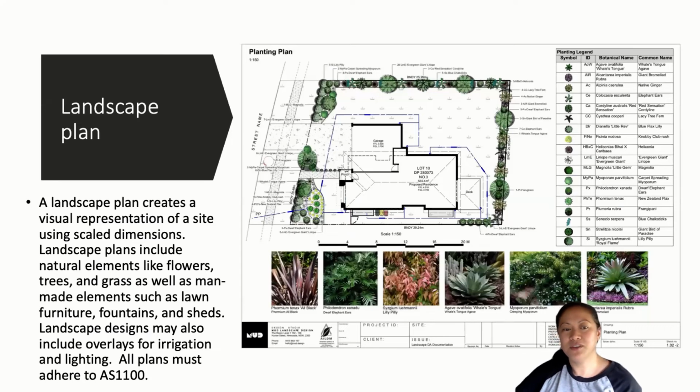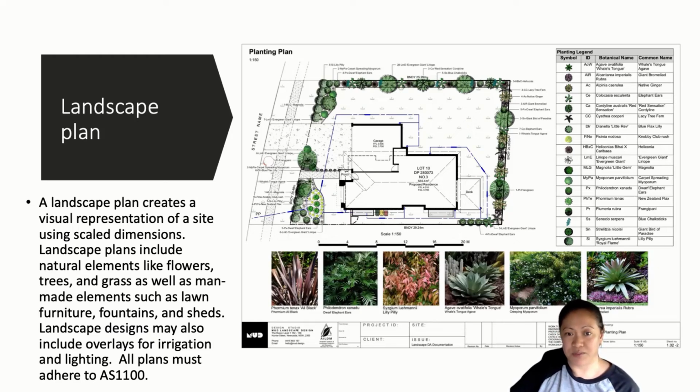Okay, so gardening enthusiasts would love to read landscape plans. Landscape plans create a visual representation of a site using scale dimensions. So these include natural elements like flowers.